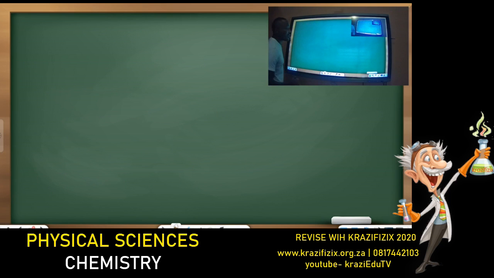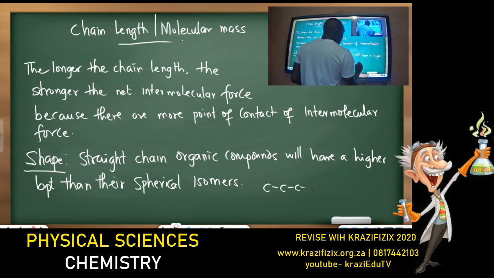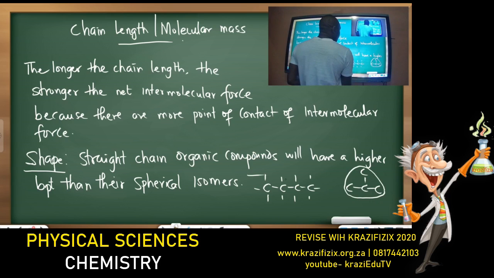I'll give you an example here. We did a question in question 2 where we talked about butane. So if I have my butane, all right, that's a straight chain, and its isomer is 2-methyl propane. Now, the shape here is spherical, and this one here is a straight chain.